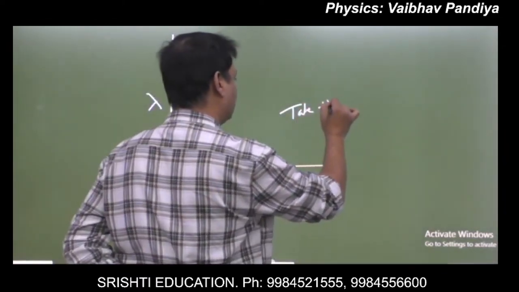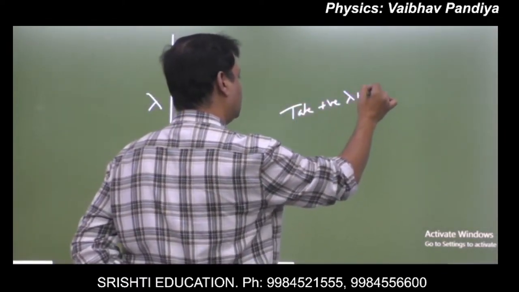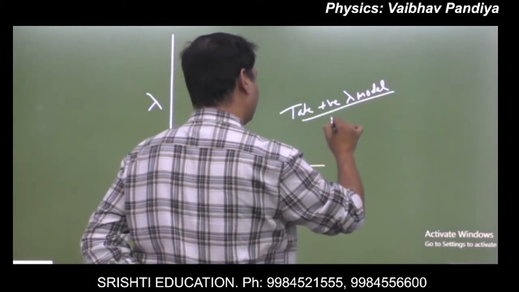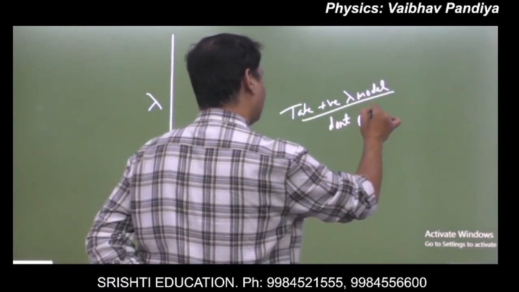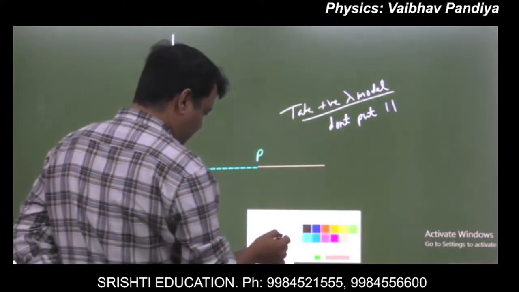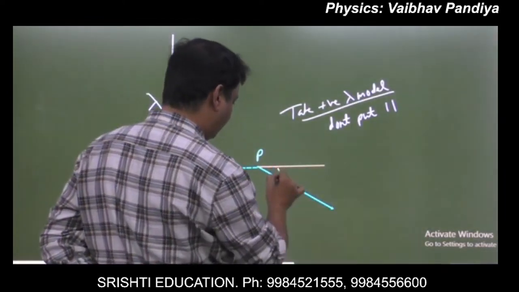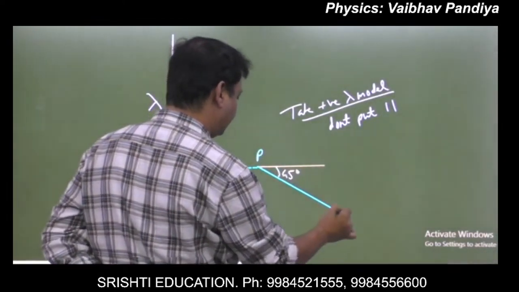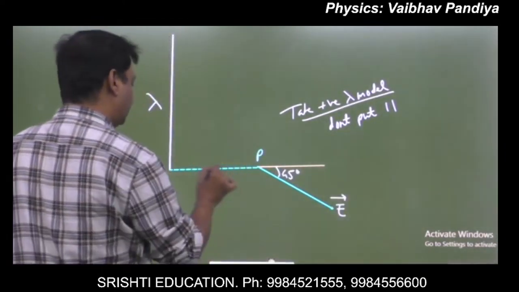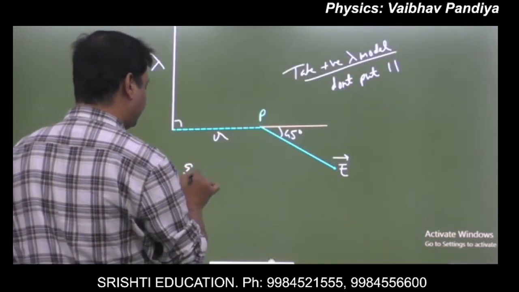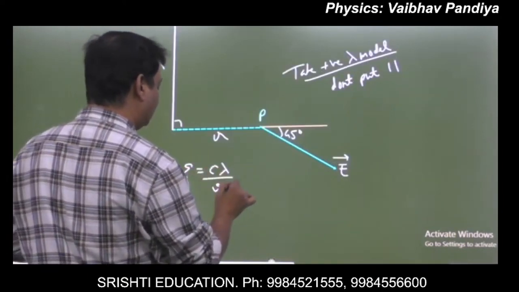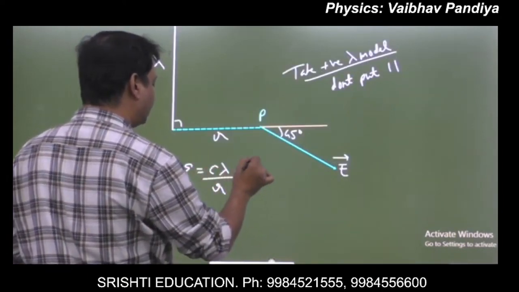Take the positive lambda model and don't put modulus. Don't put mod. So you will make E outward and below the perpendicular line at 45 degrees, and this is R. So you will write E is C lambda by R root 2. Now see, I'm not putting lambda in the modulus.